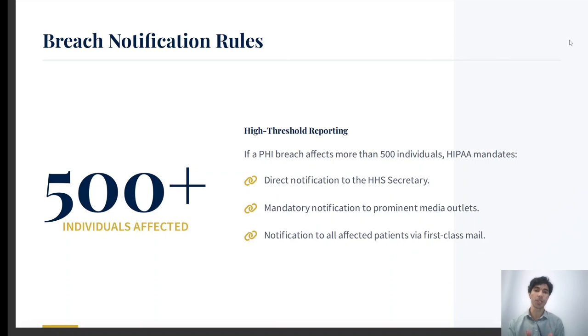For example, if today a breach happens in the United States, they must send a direct notification to RFK Jr. Then they must send a mandatory notification to prominent media outlets. And finally, they must notify the affected patients via first class mail. So this is the protocol, and HIPAA mandates the organization to do those things.